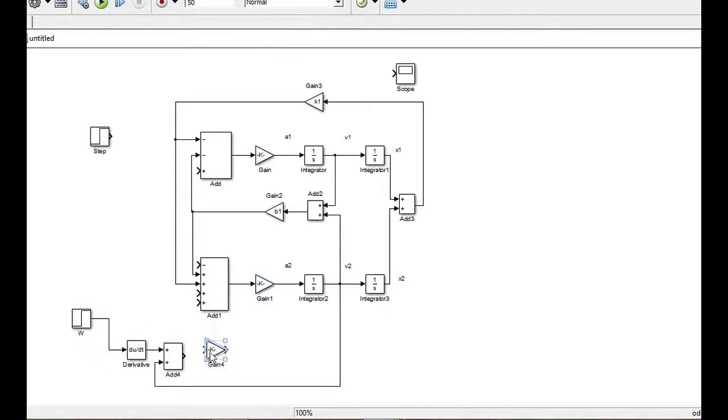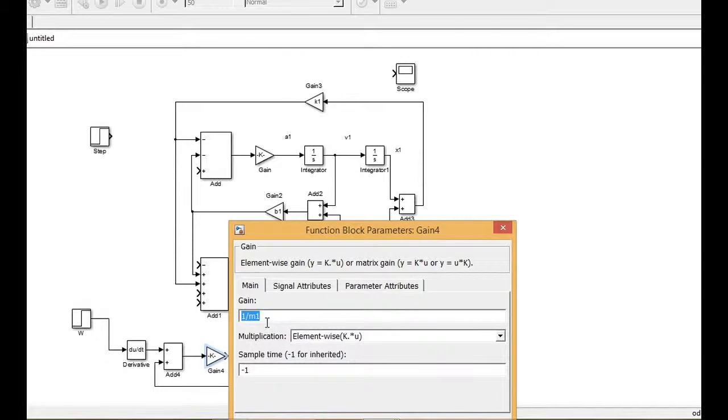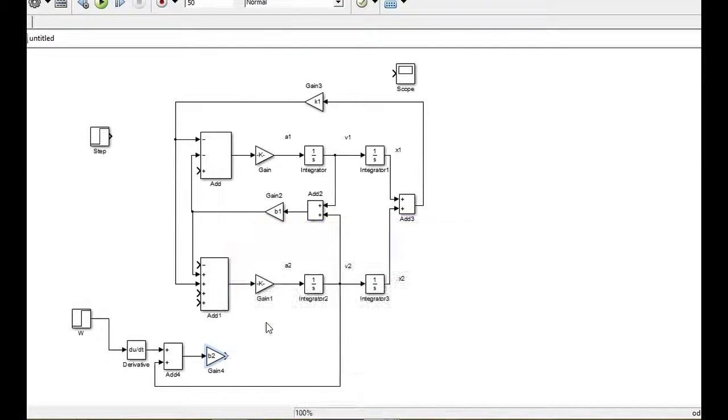I'll just right click my mouse and drag it, Control R to rotate, and I'll just change it to b2 and I'll connect it to the plus sign of this. It's right now. Yeah, I think, oh sorry, I think I'll have to take it down. Yes, now this is fine.